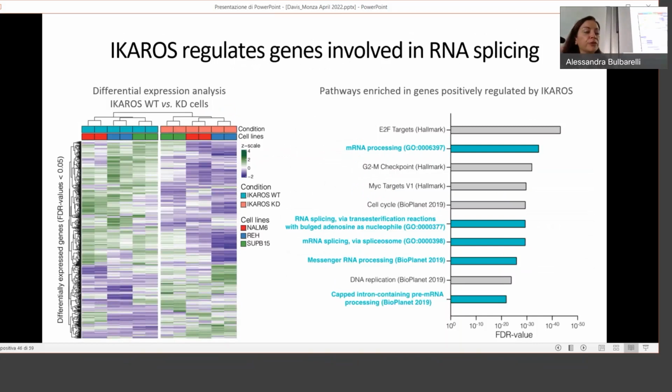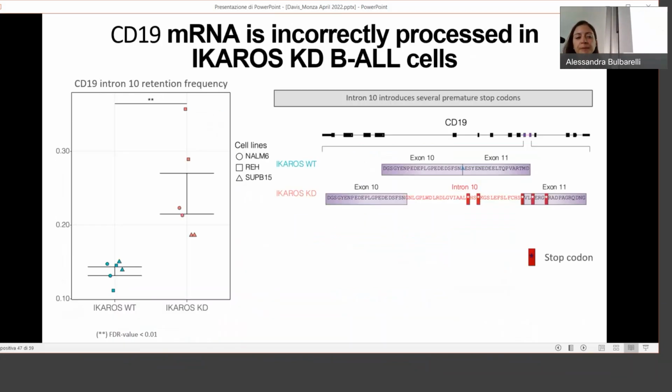Looking at differential expression analysis between the wild type and knockdown cells, we could see that Ikaros positively regulates a lot of pathways related to mRNA processing, the spliceosome, and mRNA splicing, which is not a role that Ikaros is known for at this time.